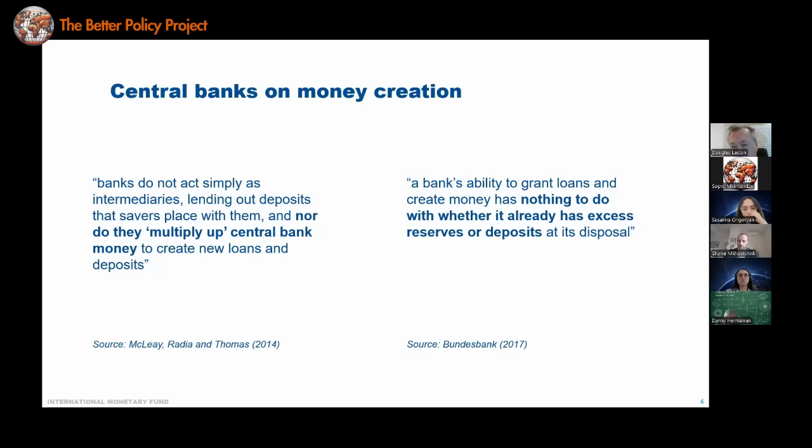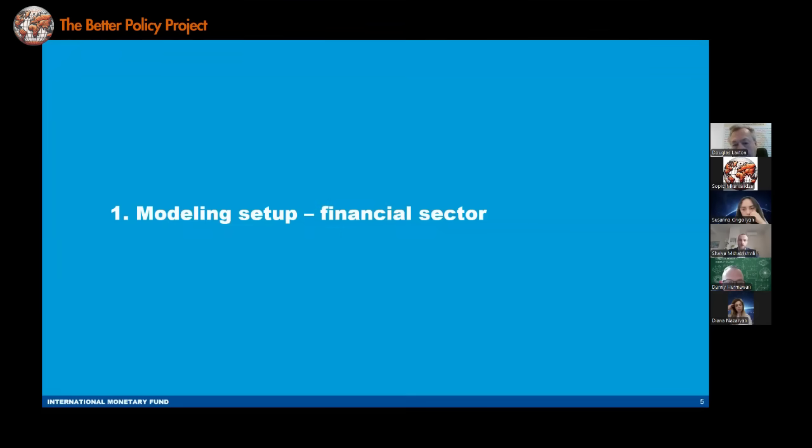So I think, and I'll be emphasizing this part, simplicity and tractability of the model is important to understand how money creation works and what kind of constraints banks face in this process. So the model will have two big parts.